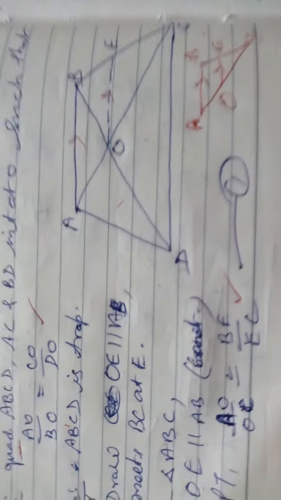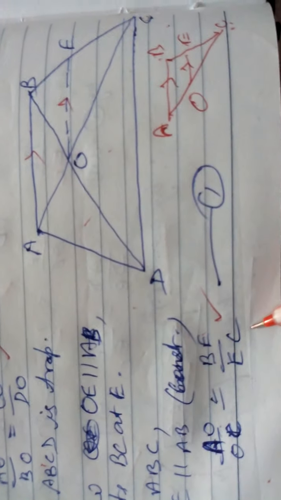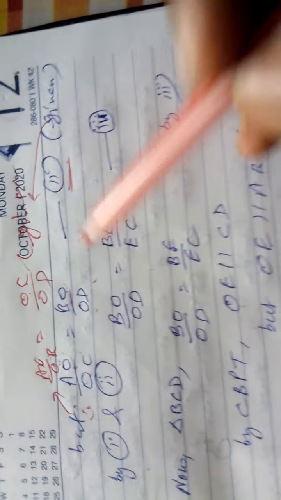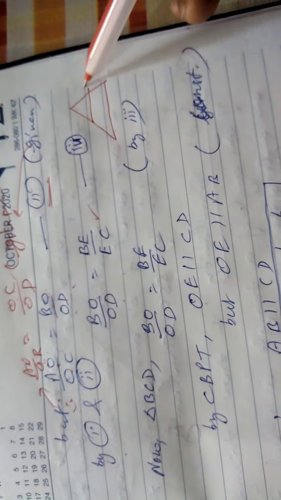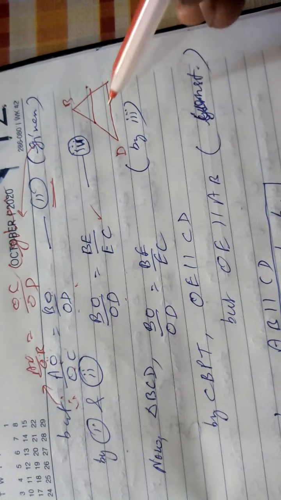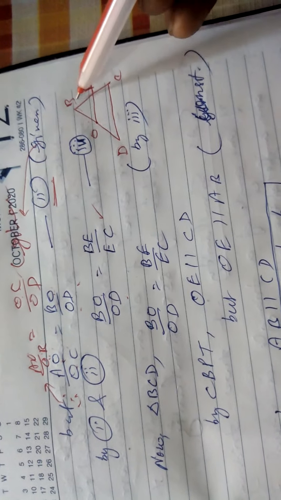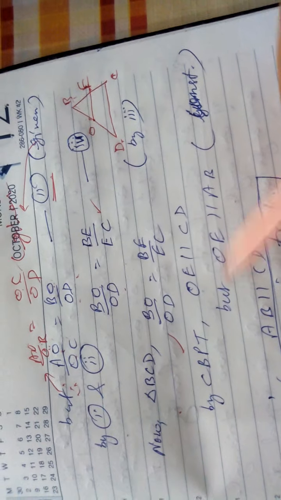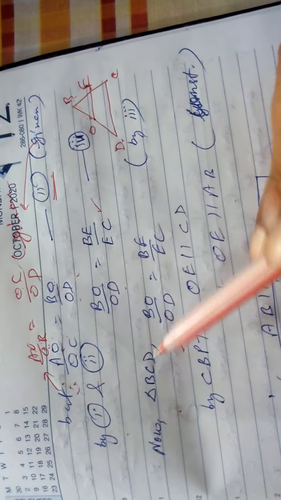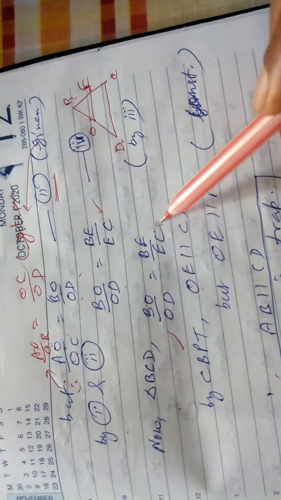Here in equation 1, AO upon OC is BE upon EC. So by first and second, the RHS of this will also be equal to the RHS of this. So you are getting BO upon OD is equal to BE upon EC, and this is in triangle BCD, where you get OE. BE upon EC is equal to BO upon OD, equation 3.